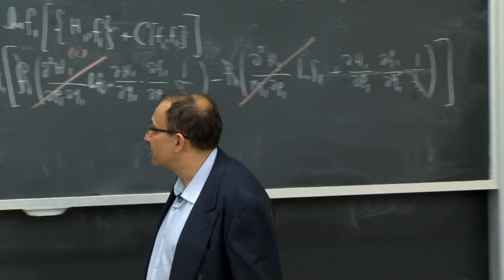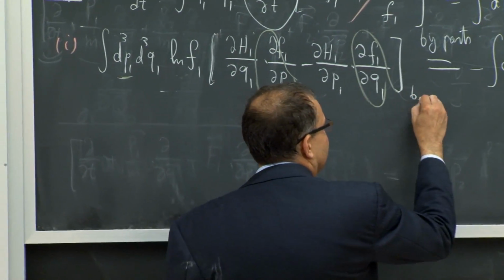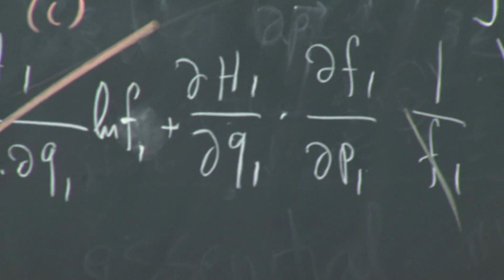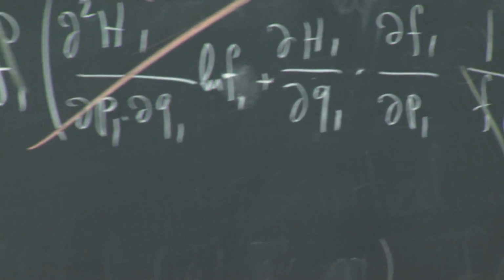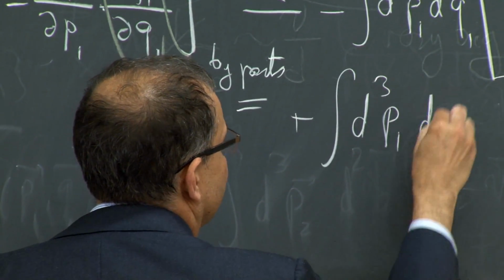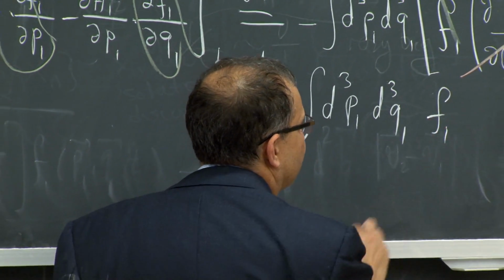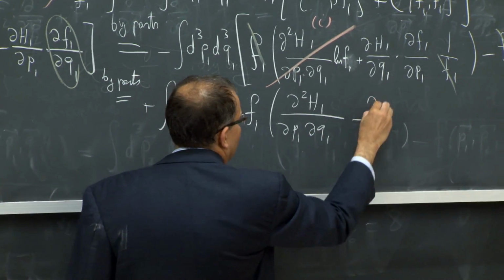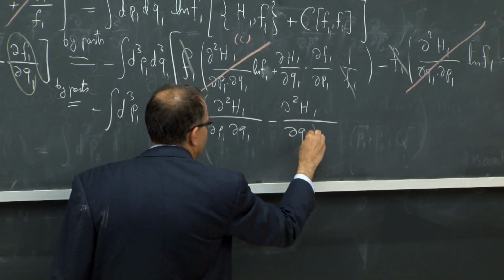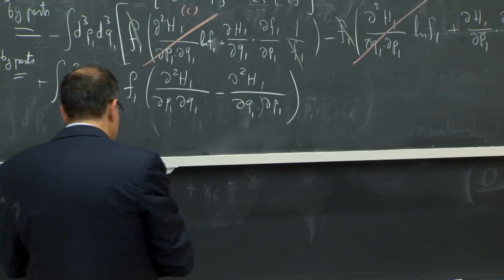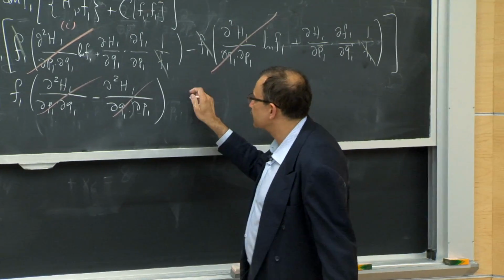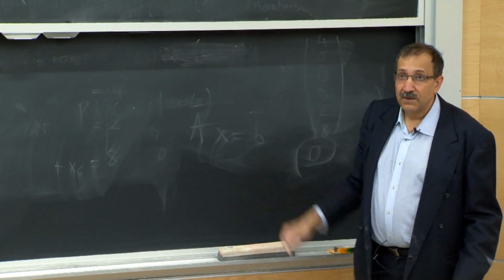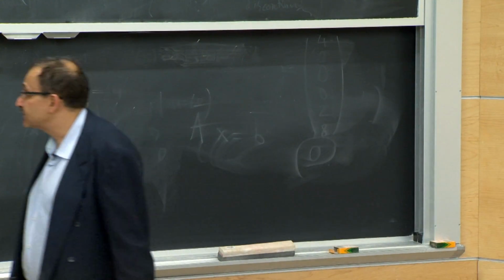And I will apply the integration by parts process one more time to get rid of the derivative that is acting on F1. And the answer becomes plus d cubed p1 d cubed q1. And then I have F1 d2h1 dp1 dq1 minus d2h1 dq1 dp1. And these two cancel each other out. And the answer is 0. Okay, so that first term vanishes.